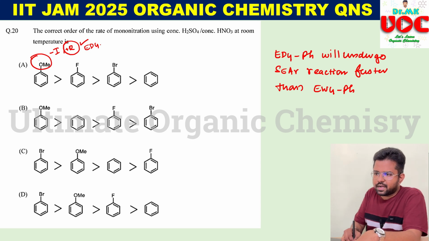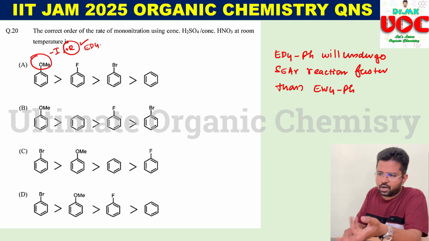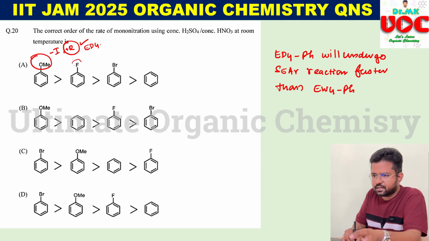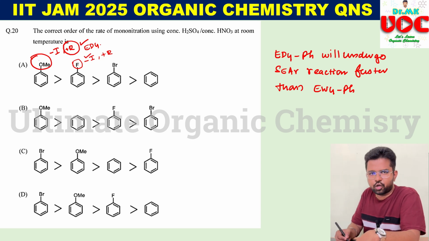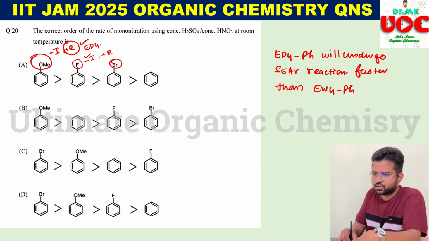Right. And in halogens, that is fluorine, chlorine, or bromine, in all the three cases, you can say that there are two kinds of electronic effect. One will be minus I, another one is plus R. And among these two, the minus I effect will be dominating. And here also the minus I effect will be dominating.